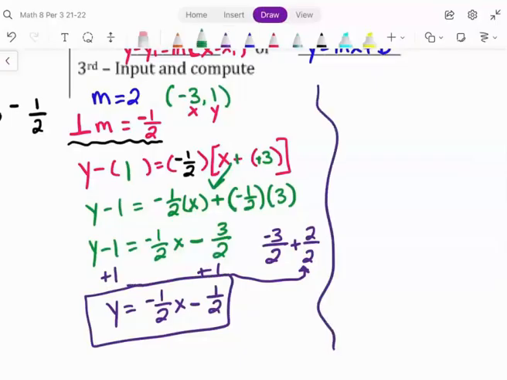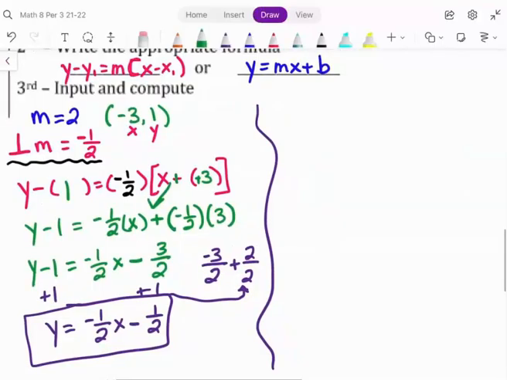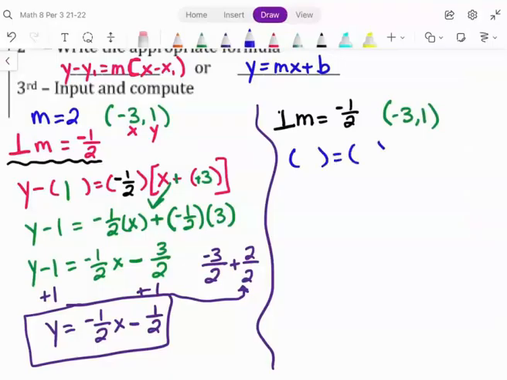If you want to do it the easier way, which I think is honestly easier for you guys, we still have m equals 2. We're going to take that off. We already figured out what our perpendicular slope is, so we're going to use negative 1/2. And then we've got negative 3 and 1. So we use our equation, y equals mx plus b. Plug in what you know. You know your y, here's your x, here's your y. So there's my 1.